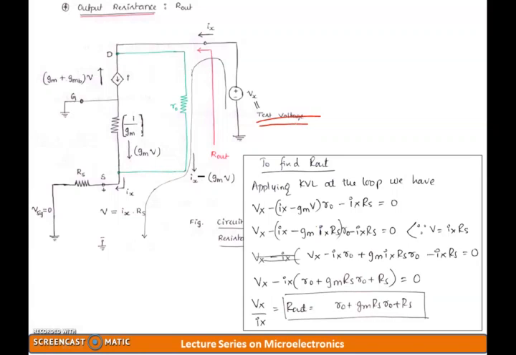Whatever the voltage and the current generated from the output test voltage, I get the output resistance from that. Here I am considering Vx as my test voltage and the current generated by that source, Ix, as my test current.